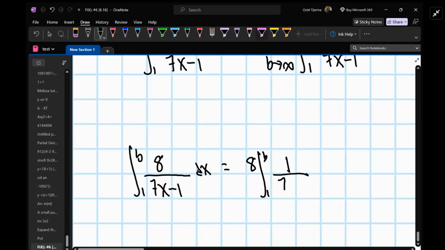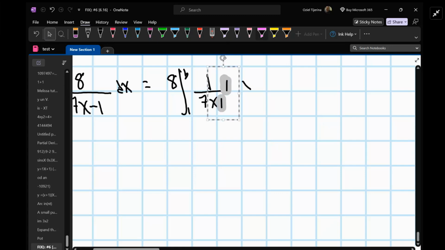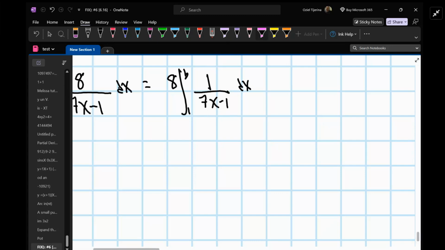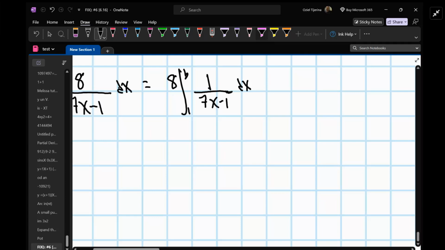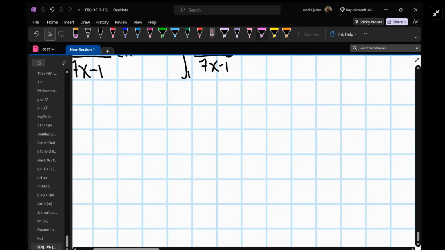Now, we're going to integrate 1 over 7x minus 1 dx separately.